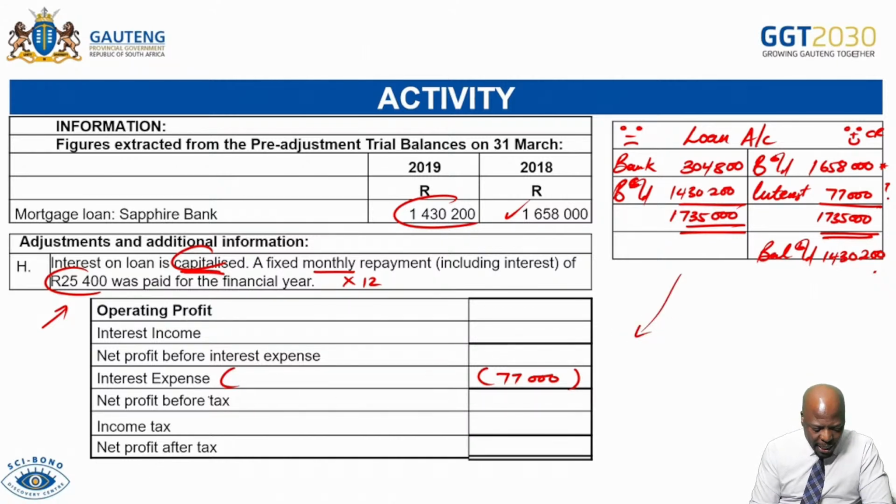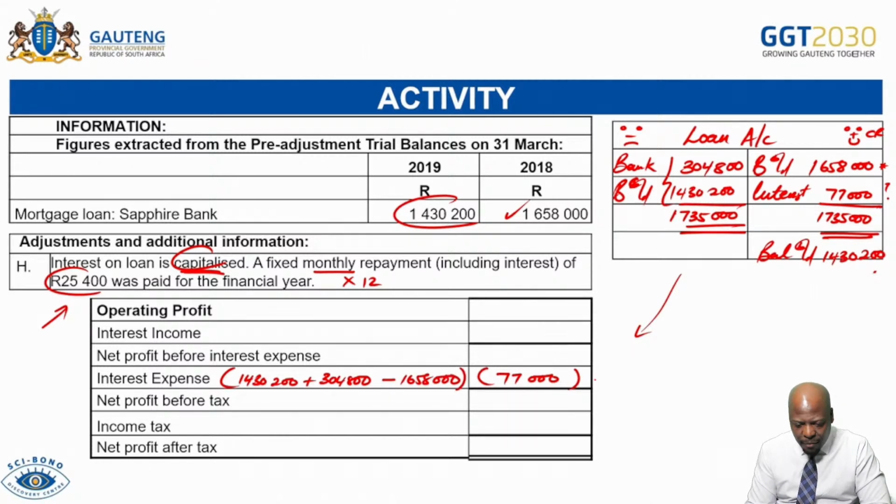You can start on your debit side to make it easy: 1,430,200 plus 304,800 minus 1,658,000, and then you close the bracket.